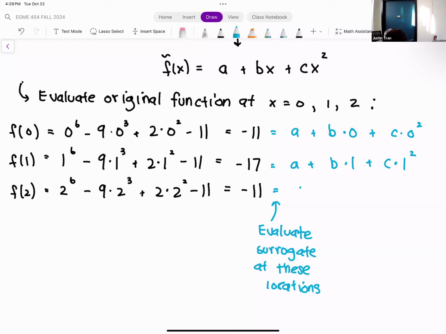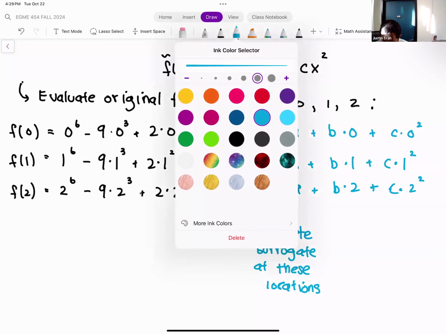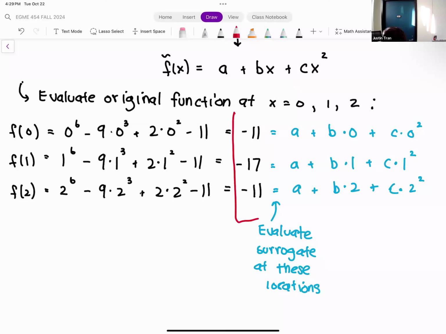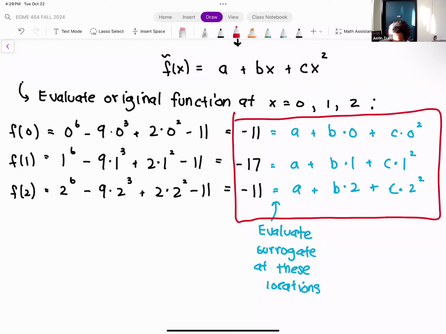And then for the last one, we have A plus B times 2 plus C times 2 squared. All right, and so this system right here now becomes a system of three equations which we can solve for our three unknowns.